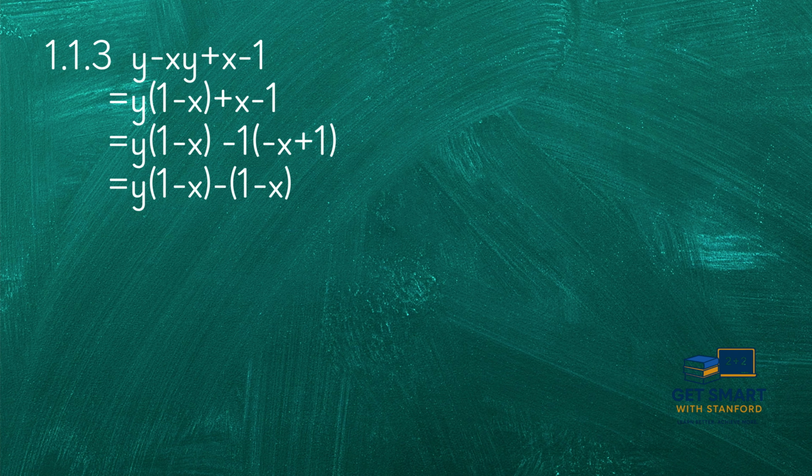And you must get the original value from which the common factor has been extracted. Again, we have a common factor of 1 minus x, which we extract to have the final answer of 1 minus x into y minus 1. That is our final answer.